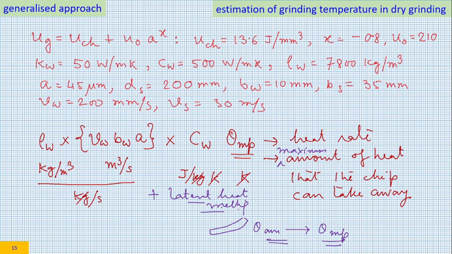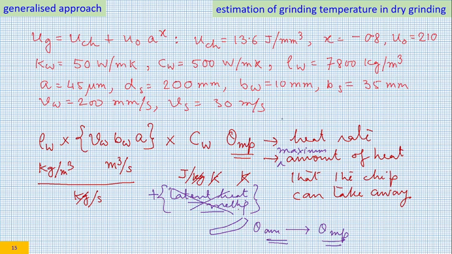They do not form by melting and resolidification. I want to stress, they do not form by melting and solidification. Inspection of the ground surface does not reveal any melting in case of grinding. For that reason, we can safely assume melting does not take place, and so latent heat of melting does not come into being.